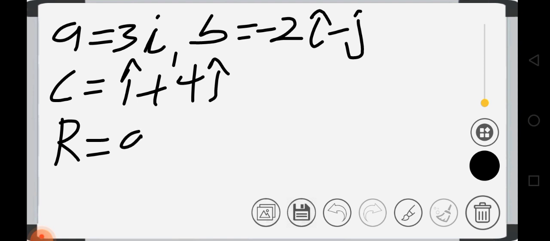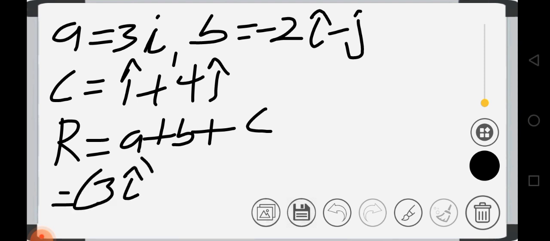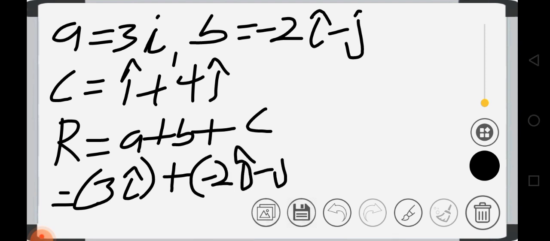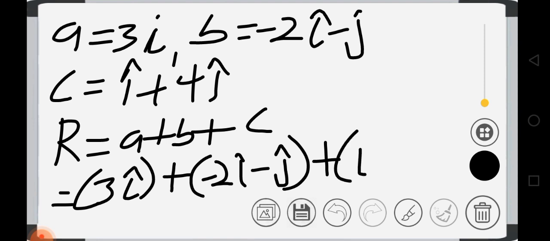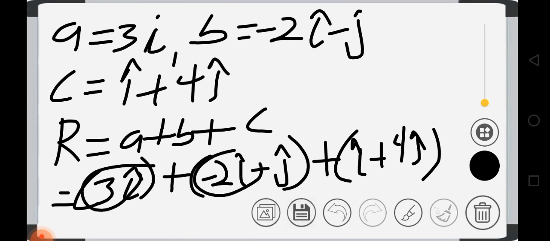The total will be A plus B plus C, which is 3i plus B, which is minus 2i minus j, plus C, which is i plus 4j. So let's add i to i to i.